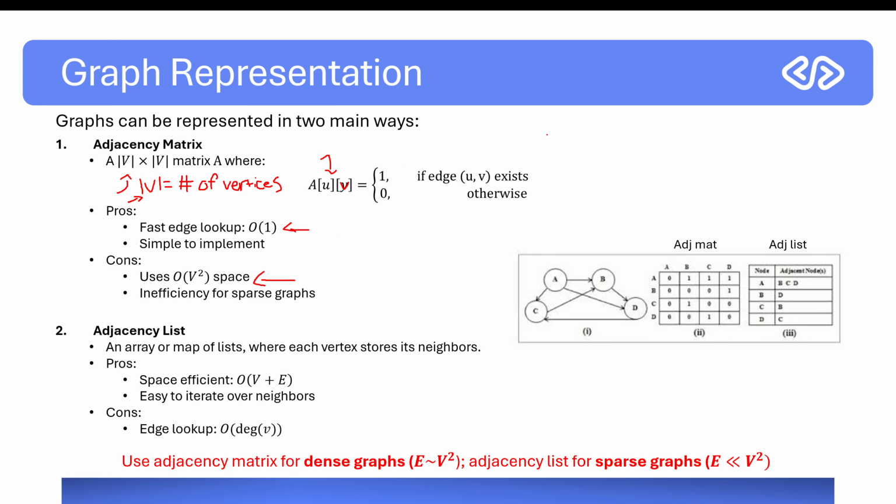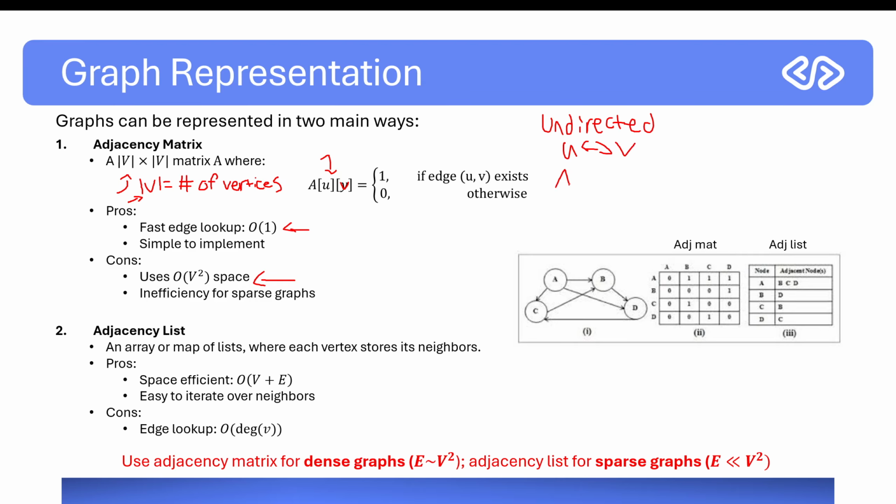So say, we can do it up here, if you had undirected, because again, in undirected, U and V point to each other.